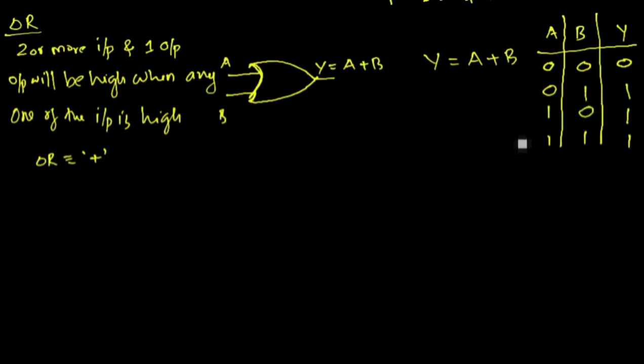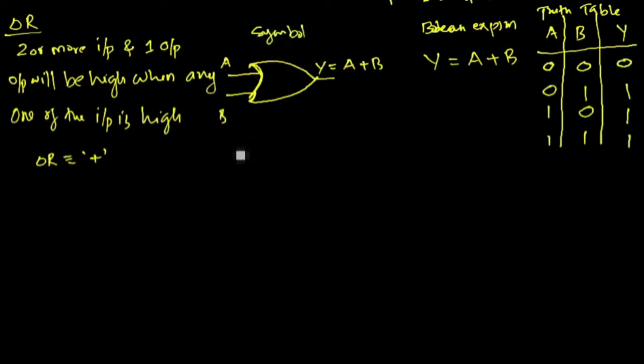So this is the truth table for the OR gate. This is the Boolean expression. This is the symbol.